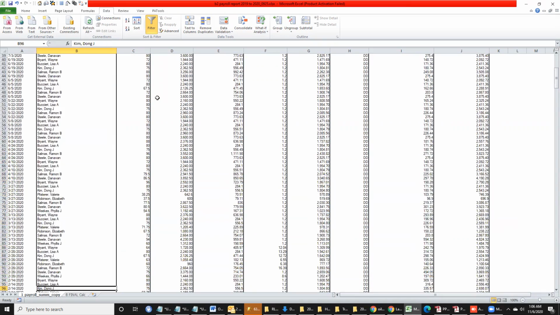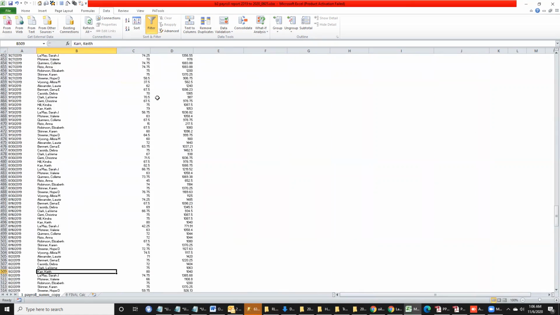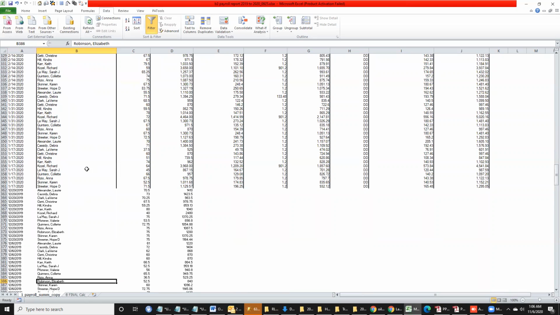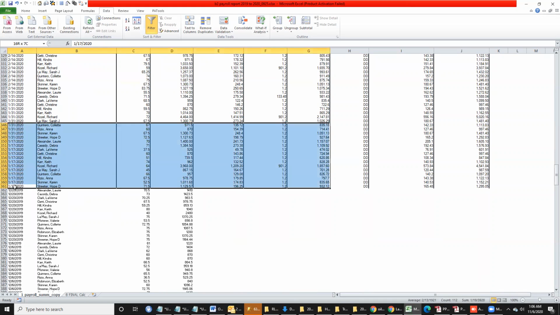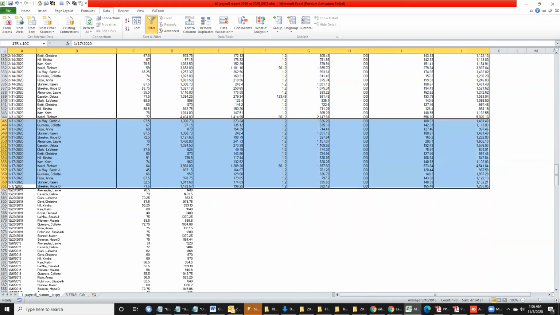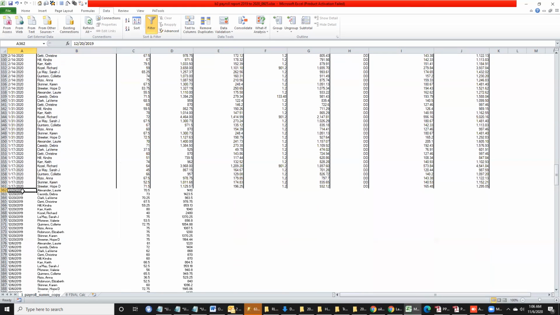If I go to the end of this, you'll notice the data format changes, the reason being that up until here was a standard report that came from ADP. And in 2019, this company used a different provider. So we took the 2019 data, we standardized the names, and we just pasted the four fields that we need.